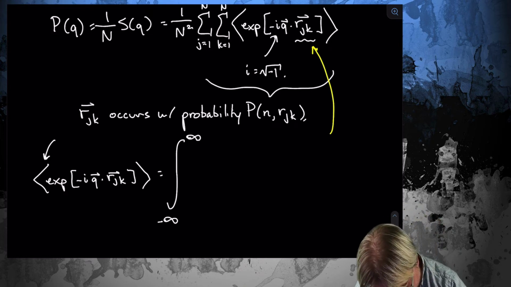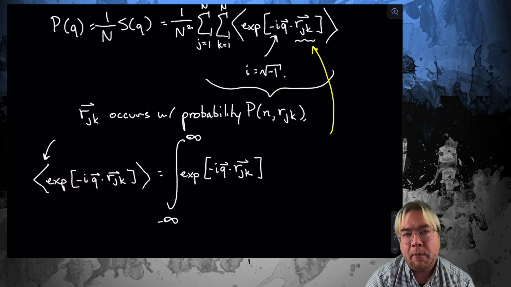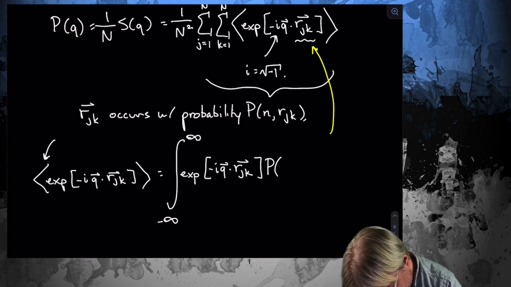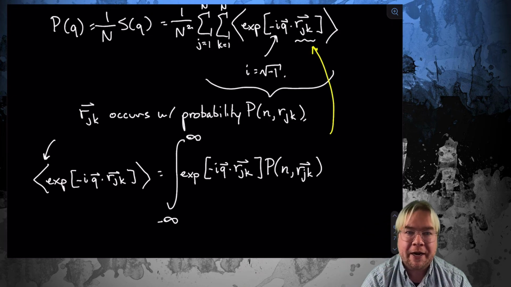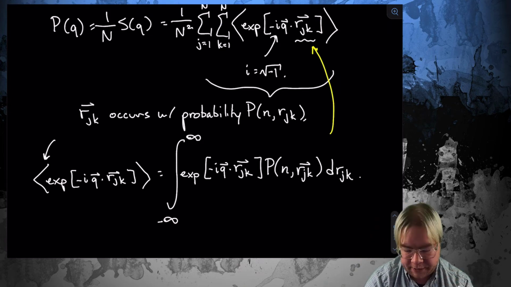This will be the function exponential of minus i q dot r_jk, and then multiplied by the probability that I'm going to have that r_jk to begin with. So this will be multiplied by the probability, just put it in as we did before, of r_jk. And then we have to integrate over all possible values of r_jk, and that's why it goes from minus infinity to infinity.